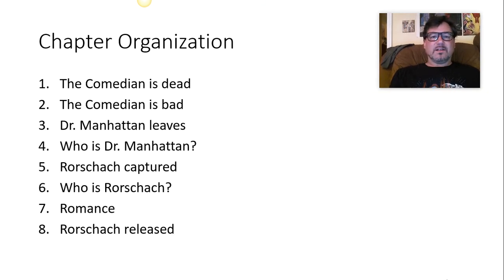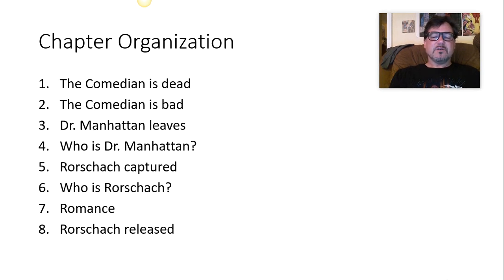I want to talk really quickly about the chapter organization of the remaining chapters. In the first one, the comedian is dead. In the first one, we find that the character we previously might have had sympathy for because he was a dead superhero was a bad person. Then in 3, Dr. Manhattan leaves, which is astronomical because he seemed like he would be the center of the superhero group. Then we have flashbacks on Dr. Manhattan. Then Rorschach is captured.